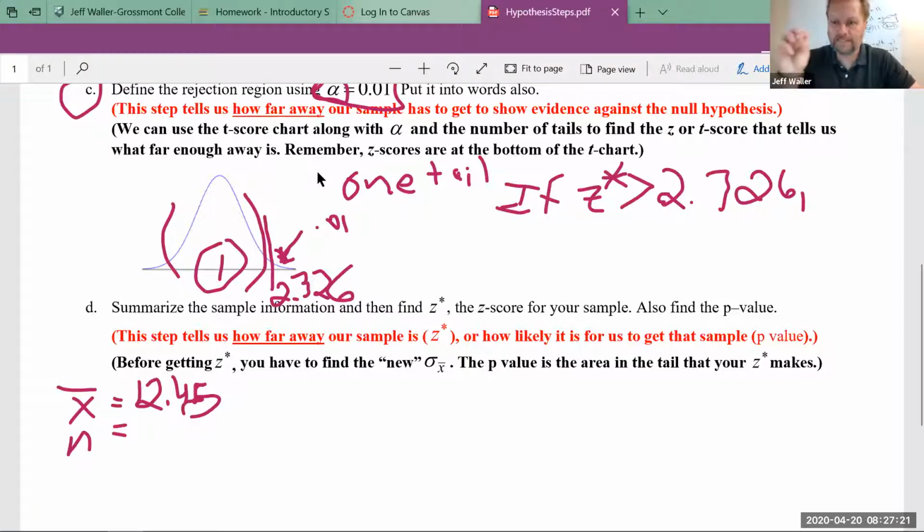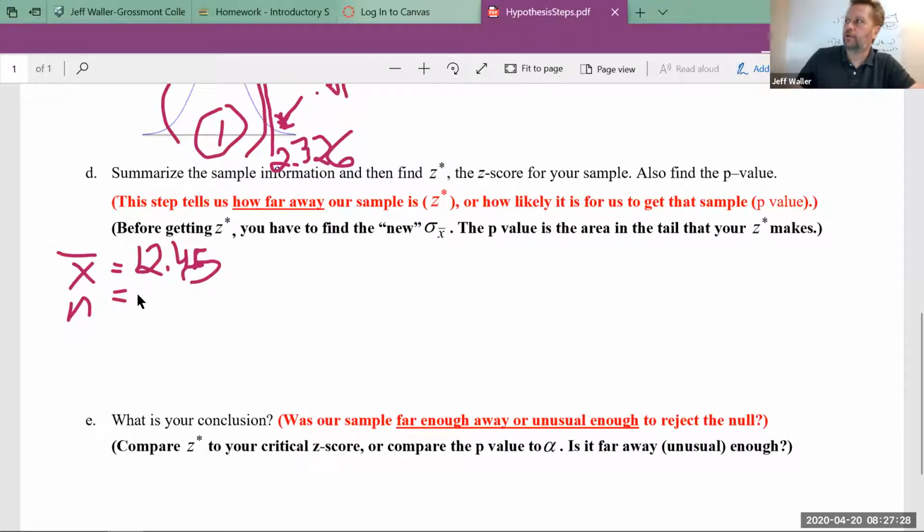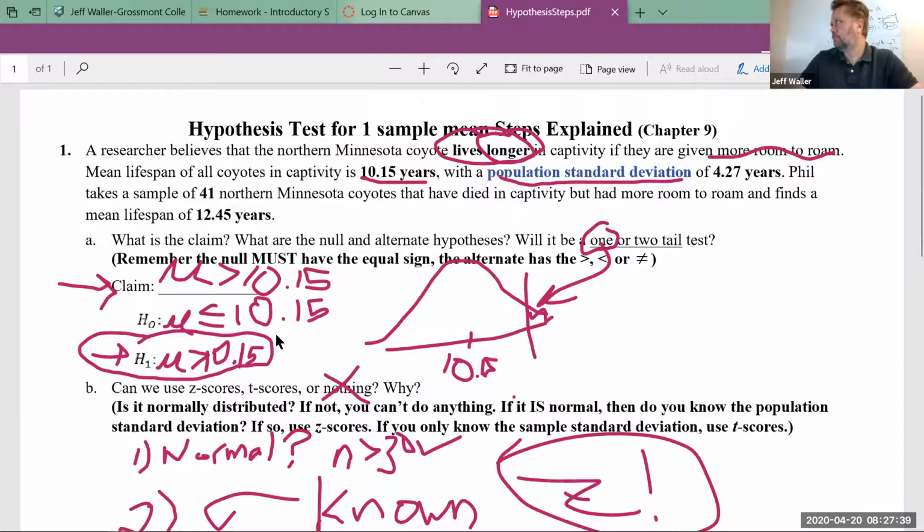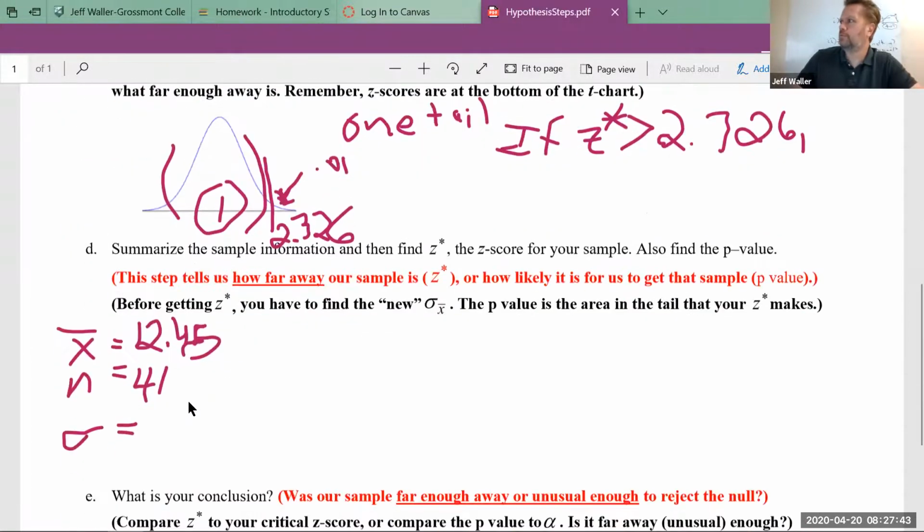The mean really isn't 10.15 for these coyotes. Okay, and N, of course, was 41. Now, before I can calculate a z-score, I need the standard deviation. What's sigma? Do I tell you what sigma is? That would really help. I don't know. 4.27.